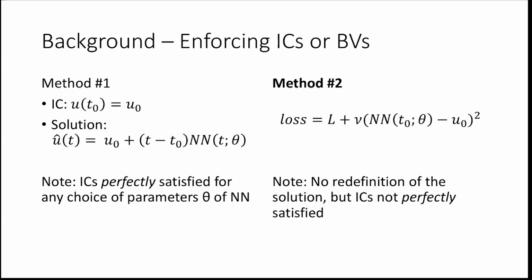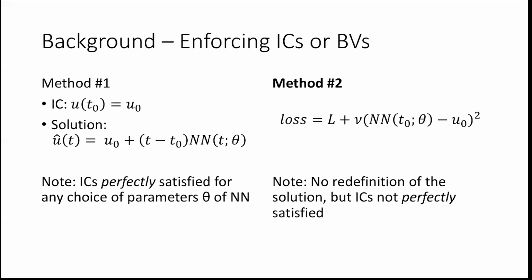But in this paper, we empirically tested that the other method, which I call method 2, is giving better results, where we define a new loss without redefining the u.